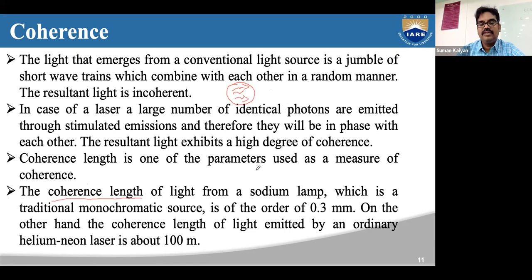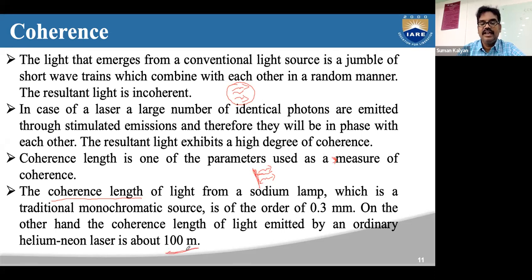How do you define coherence length? It is how much distance the waves travel in the same phase. Let's say the laser is coming out from this mirror. We calculate the distance from this point to where they actually start diverging in phase, which is about 100 meters.